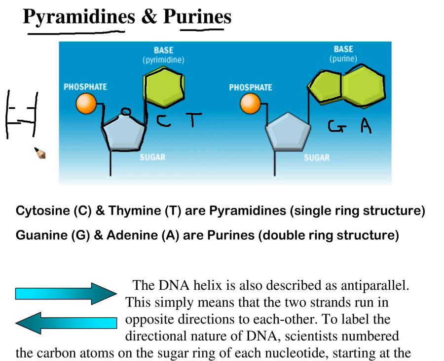So the geometry helps to ensure that you always get a pyrimidine, a C or a T, pairing with its respective partner, the purine, a G or an A. So this helps to ensure that C pairs with G, and that T pairs with A. So that's something worth noting. Now, it's unlikely you'd get a question on this, but if you're going for top marks, it may be something you want to add to your repertoire.